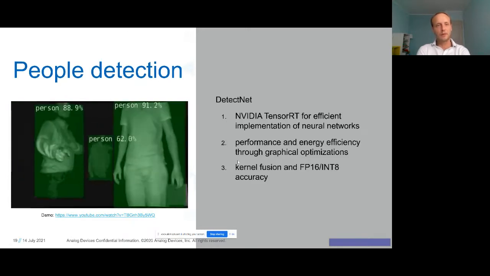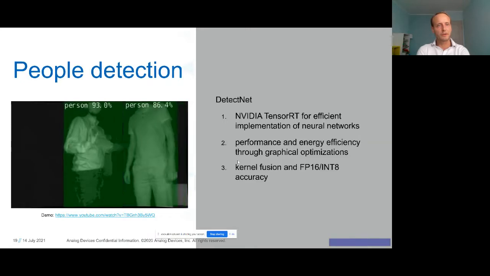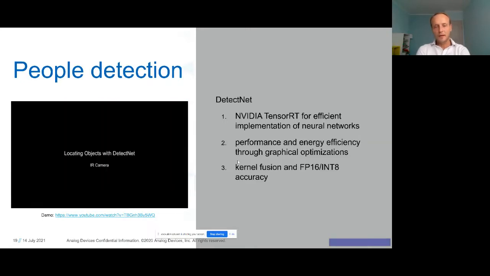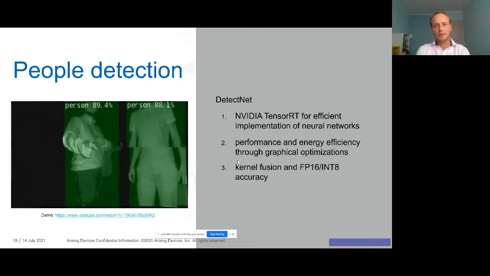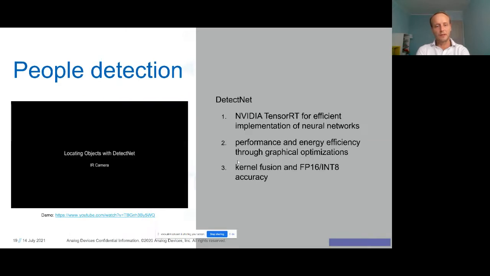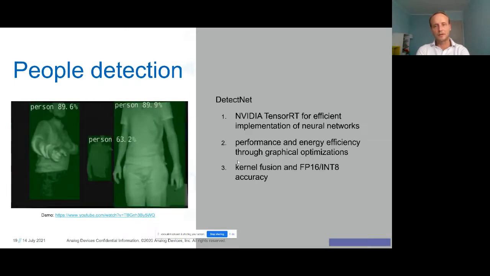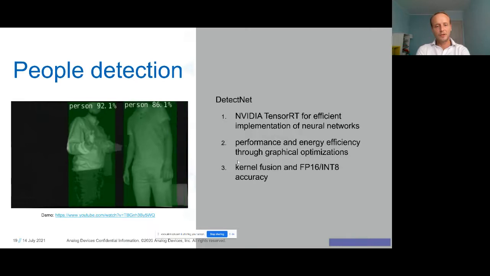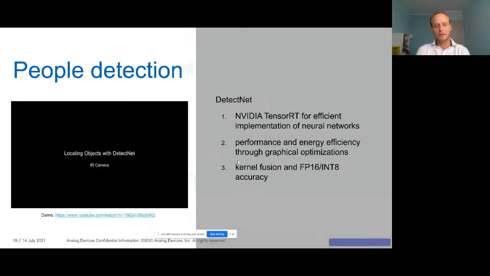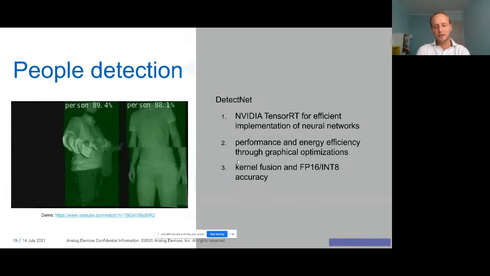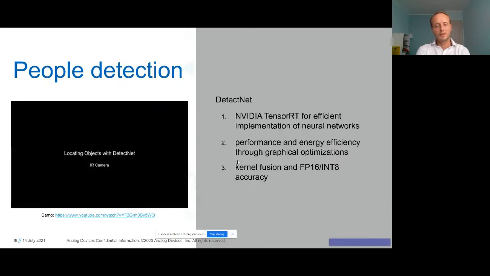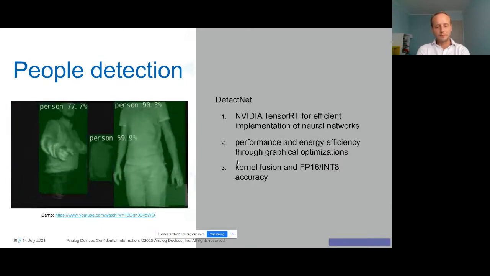The first example I'm going to show is about detecting people. In order to do that, we have used a library called DetectNet, which is an example neural network model architecture in DIGITS, the NVIDIA Deep Learning GPU training system.